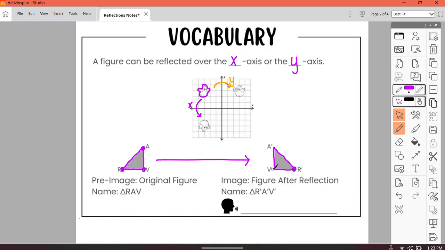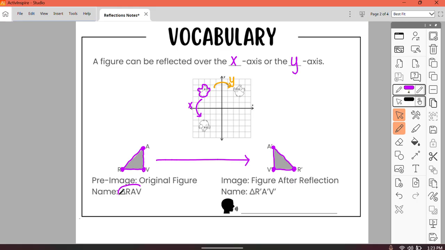And you'll notice that these letters look a little bit different because they have an apostrophe after them. So after you reflect a figure or after you do any kind of transformation to a shape, you have to label it a little bit differently.